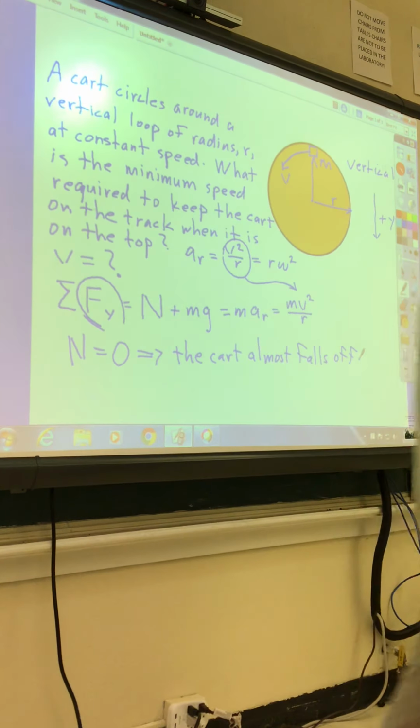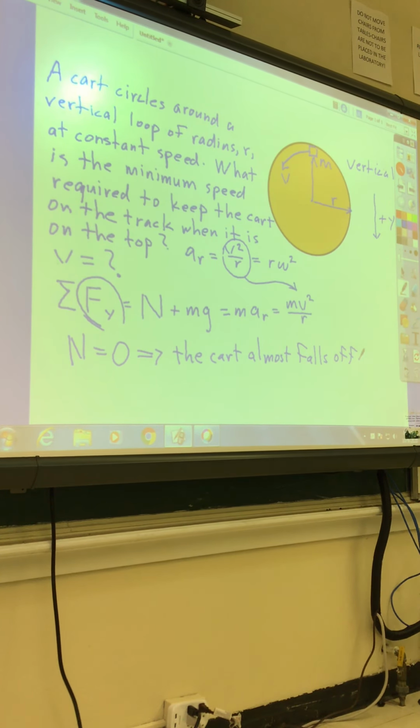So basically, if you're in the cart, which you would not want to be, by the time you reach the top, you're going to feel weightless, like you're going to fall. But you don't, because as you move past that top point, you start feeling a little bit of your body weight to keep you in the cart. But right at the top, you feel weightless. So you're going to want to hold on to the cart until you stop.